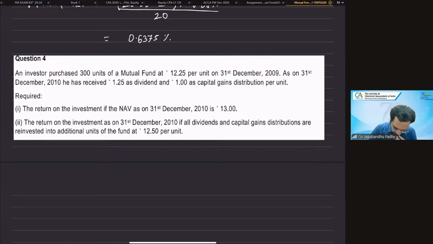Okay, well, an investor purchased 300 units of a mutual fund at 12.25 per unit. So this is the NAV as on the initial day, 31st December 2009, and then as on 31st December 2010, which is one full year, it has received dividend distribution of 1.25 and capital gain distribution of 1. We are required to calculate the return on investment if NAV as on 31st December is 13.